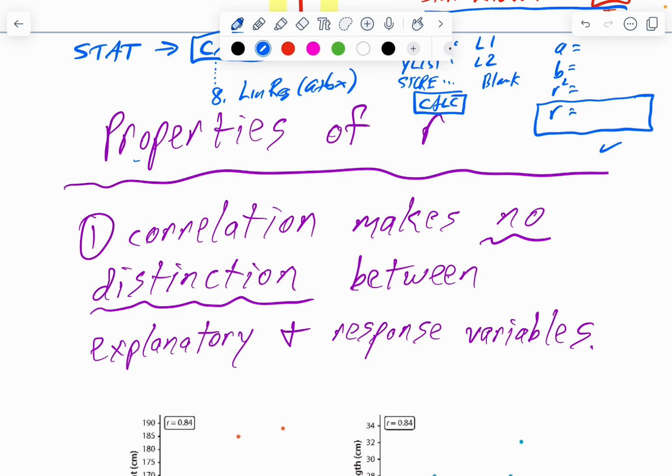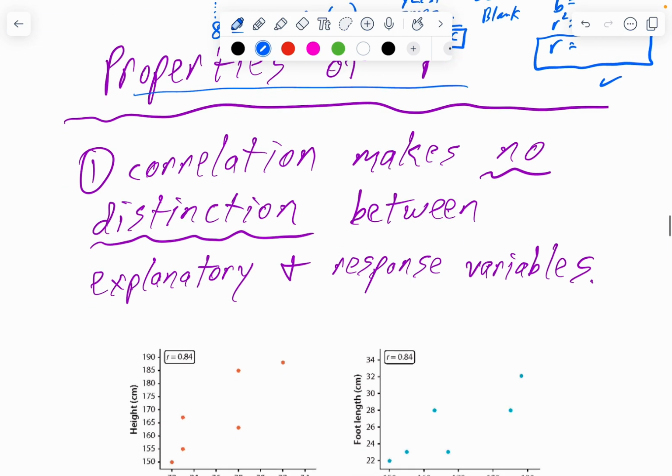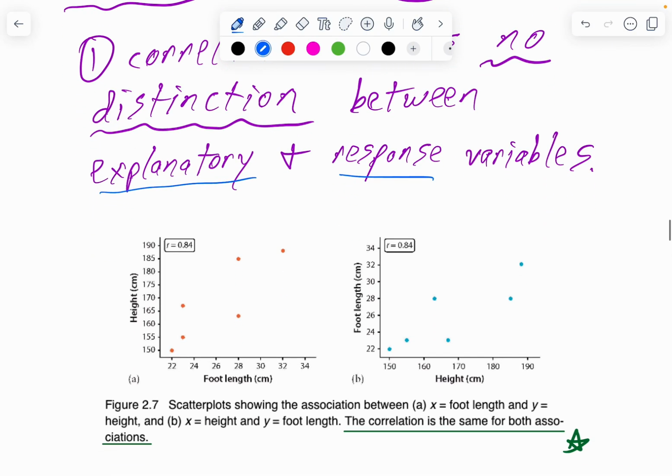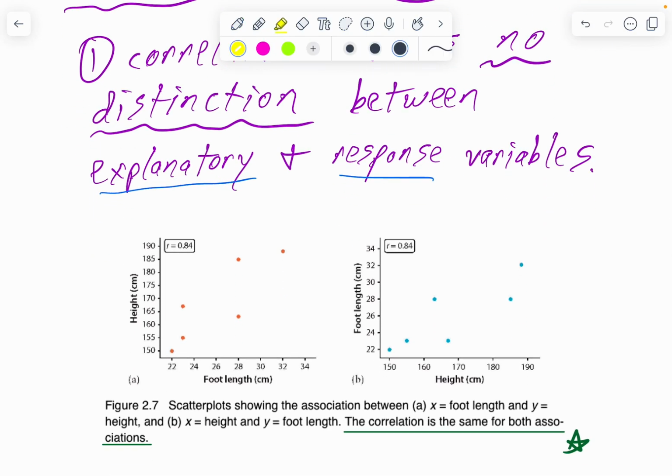Important factoids about the correlation coefficient: it makes no distinction between explanatory and response variables. So if you were looking at the relationship between the length of someone's foot and their height, and you did the calculator command that I showed you above, with L1 for X list and L2 for Y list, you'll get the correlation coefficient.